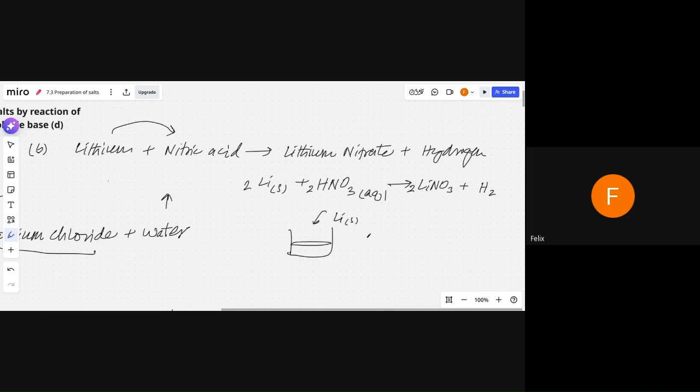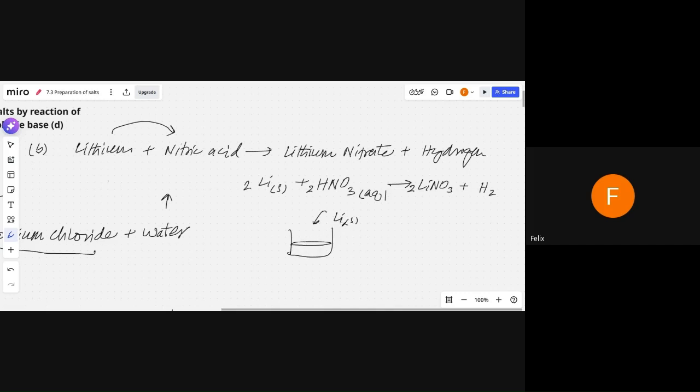That will be the point where all of the acid in the beaker will have reacted. This is very important, and you must try to understand it. Lithium must be in excess, because we need to make sure that all of the acid in this beaker has reacted completely with lithium.